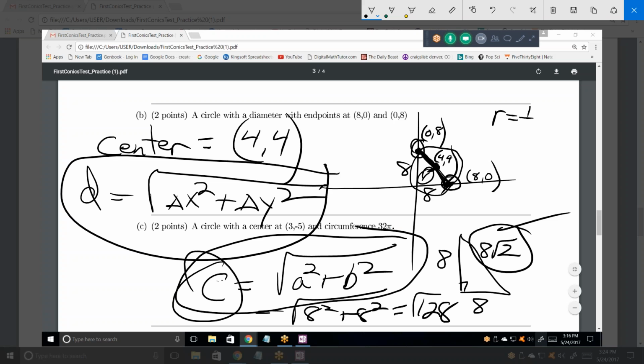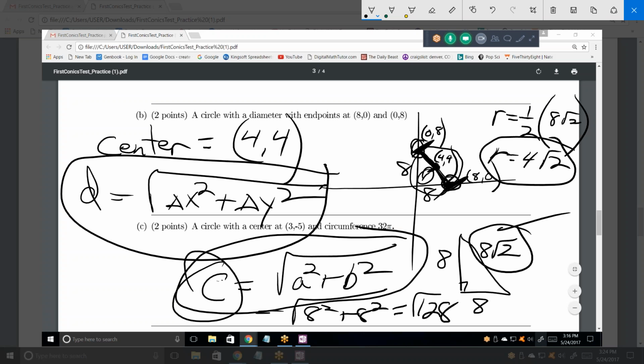Yes, it's half the diameter. In other words, that was the hypotenuse. The hypotenuse went between that point and that point. So my radius is half that. So it's, what, 4 root 2, or is it like even harder? Yeah, that's it. 4 root 2.